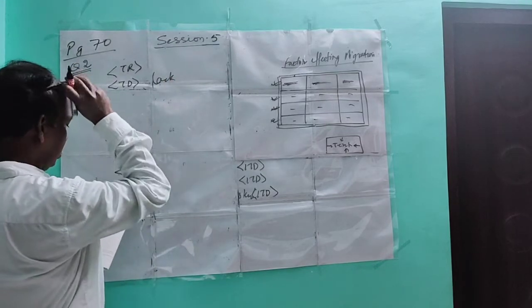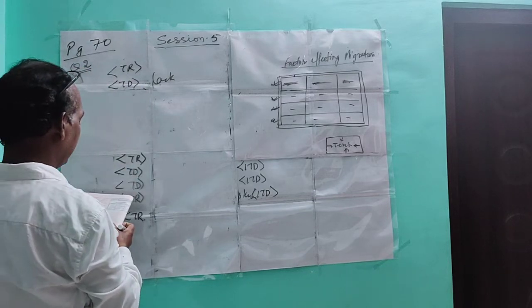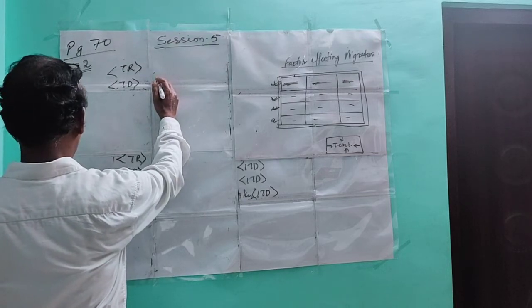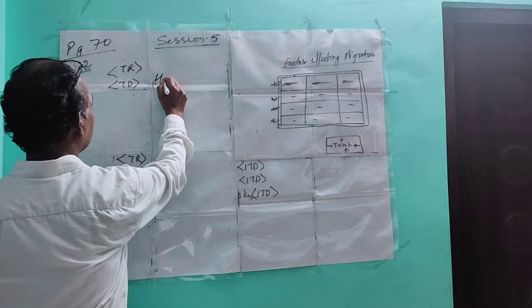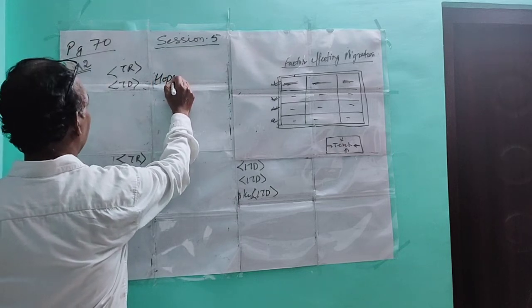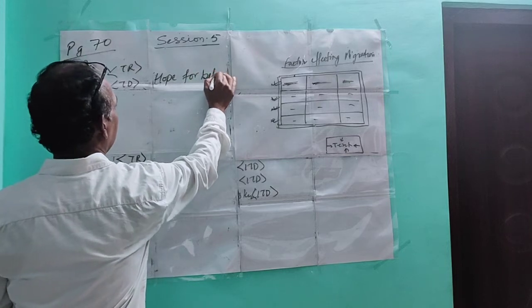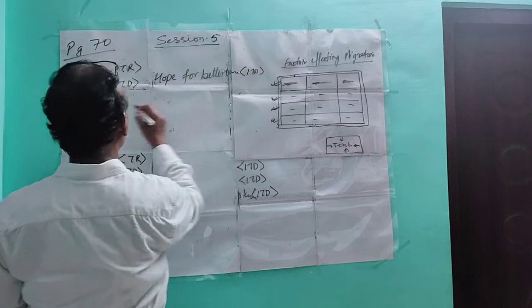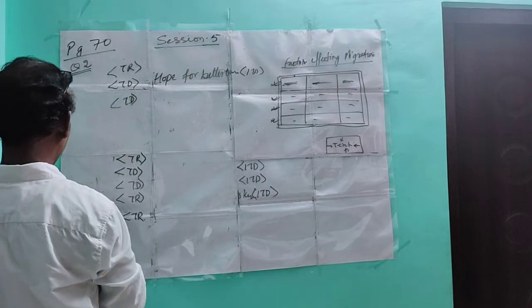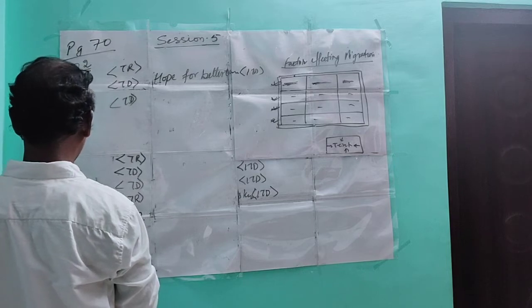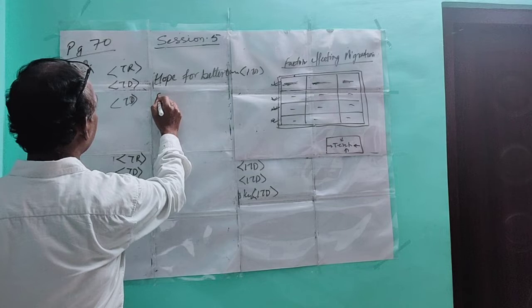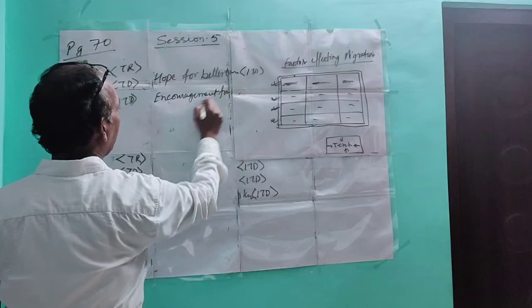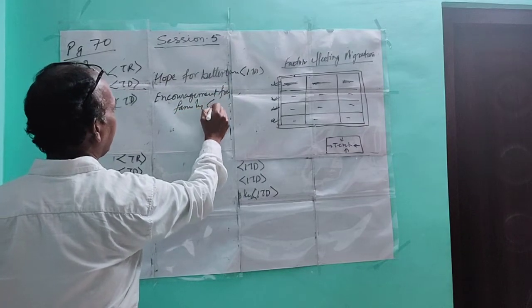So the third row is hope for better employment, TD, and again TD encouragement from family, close TD.